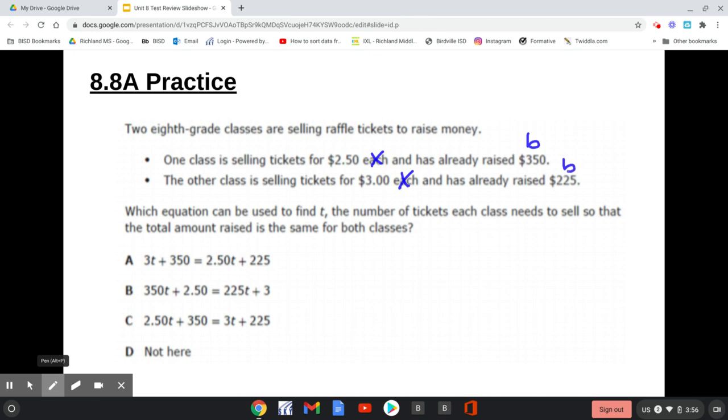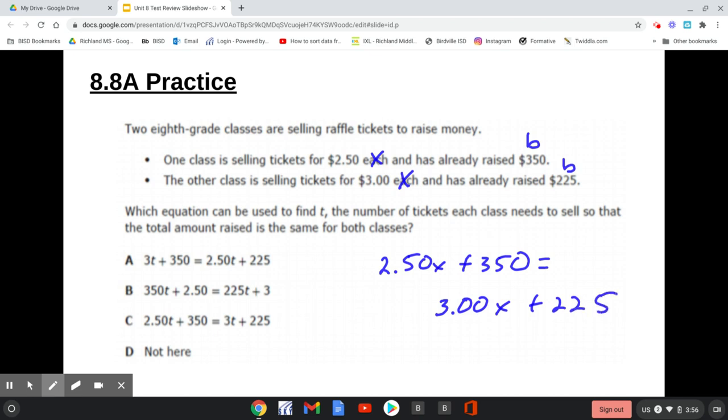So the first class is 2.5x plus 350, and it looks like they want to be equal. And the other equation is going to be 3x plus 225. So we just need to see which one that is.